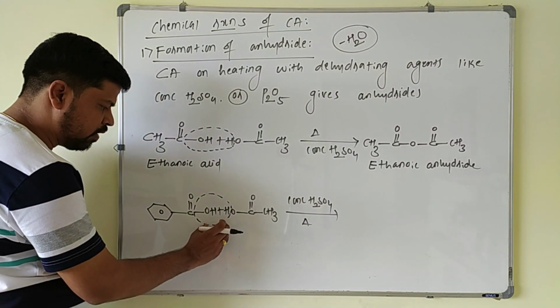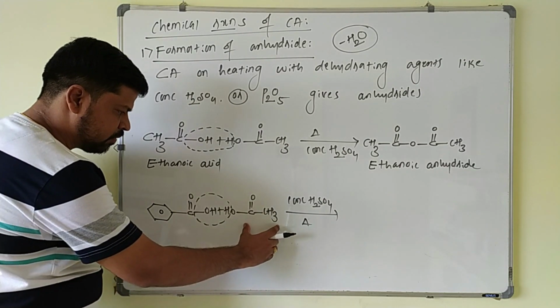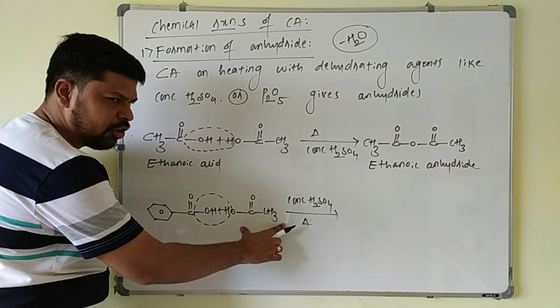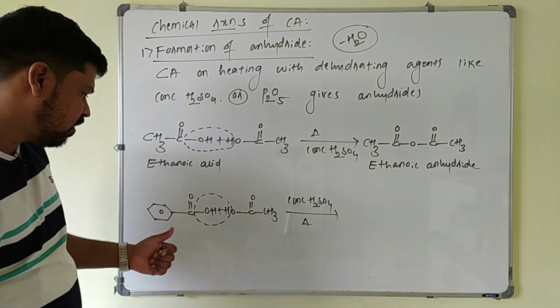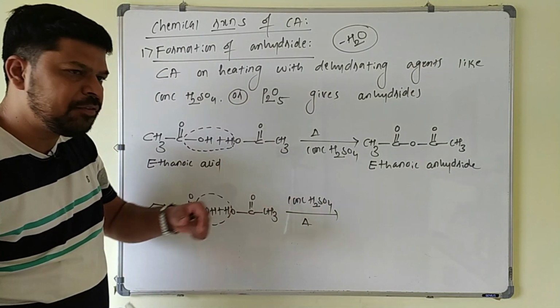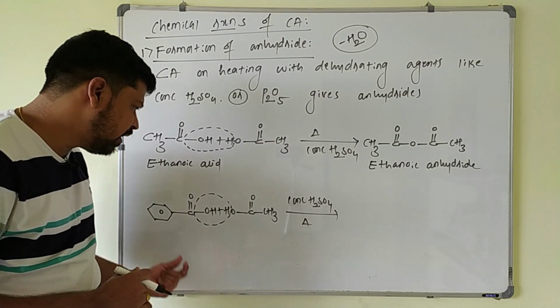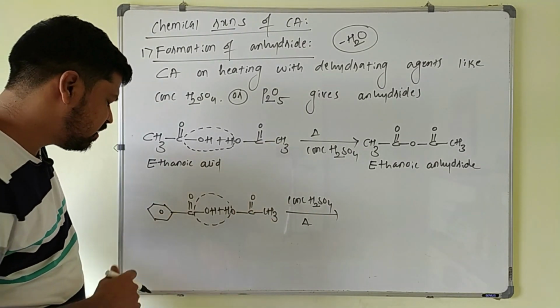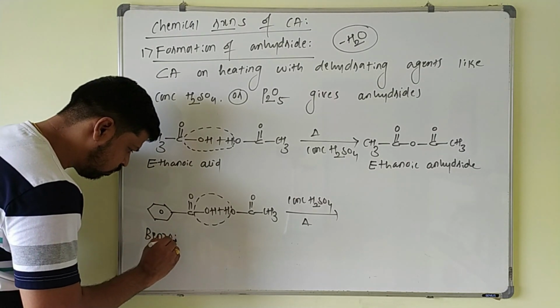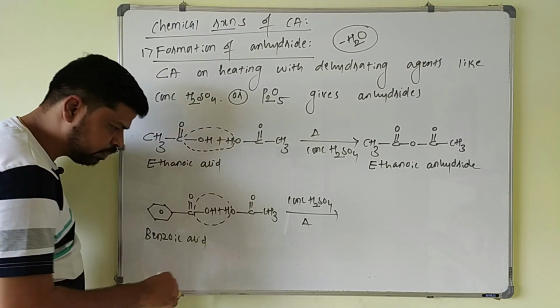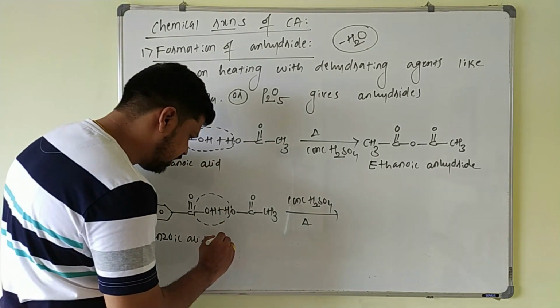So this water molecule is eliminated. You connect these two here. This is your benzoic acid and this is ethanoic acid. Alphabetically, benzoic acid comes first, so the anhydride formed will be benzoic ethanoic anhydride, we can call it.